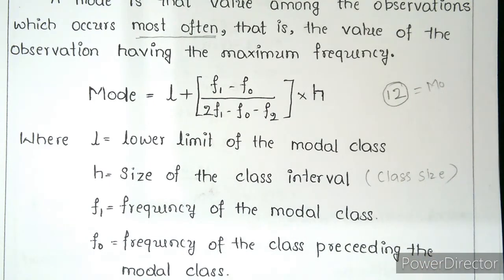F1 is the frequency of the modal class. F0 is the frequency of the class preceding the modal class.